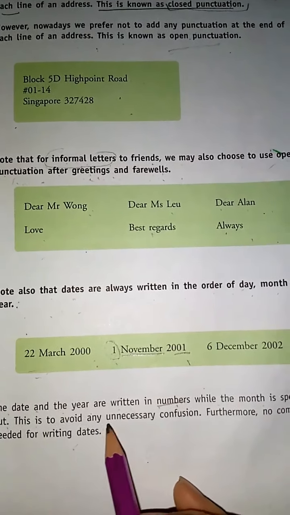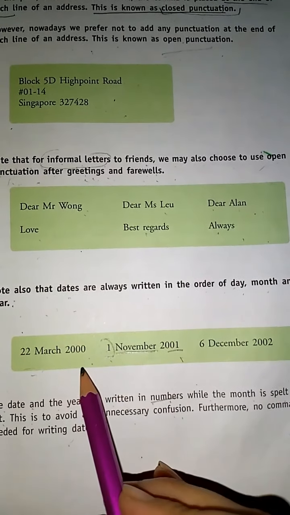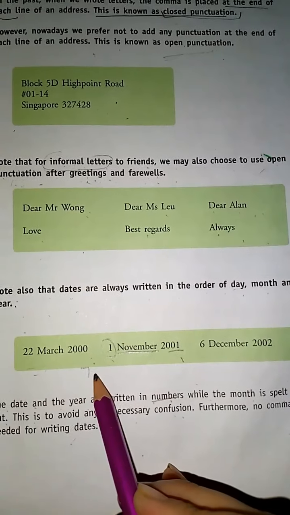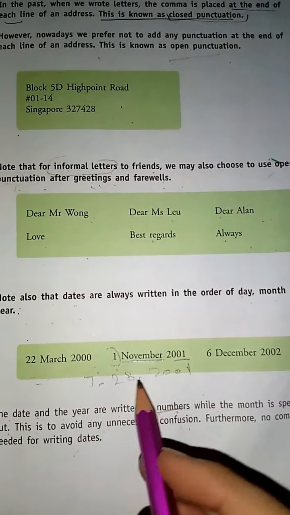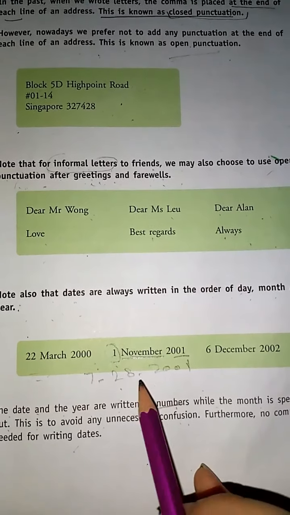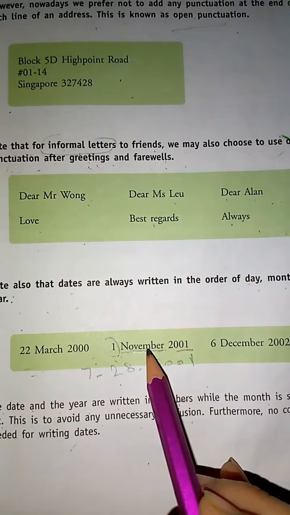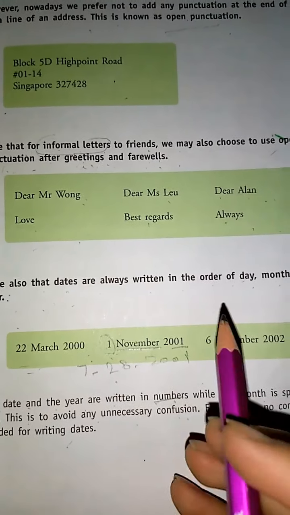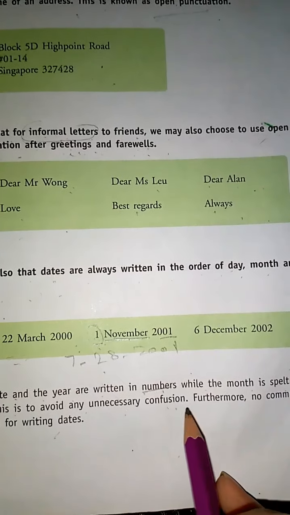This is to avoid any unnecessary confusion, because in few writings most of the people write month first, then the date and then the year. To avoid this confusion, they are saying that it is necessary to write the name of the month, okay? You have to spell the month. This is to avoid any unnecessary confusion.